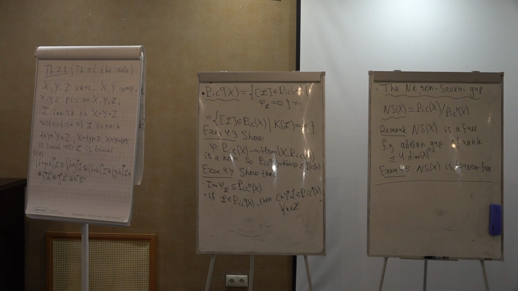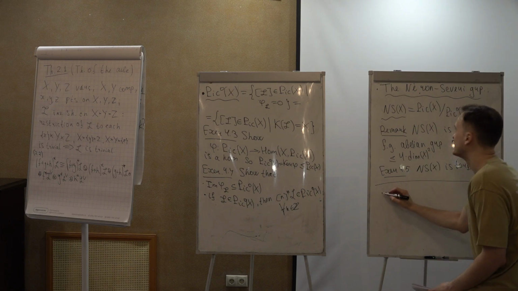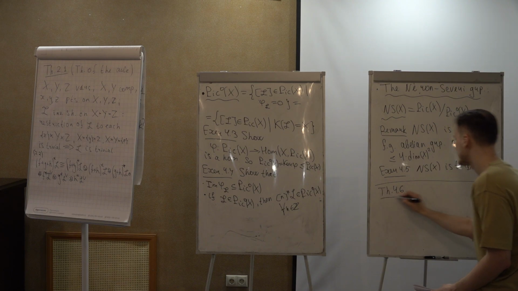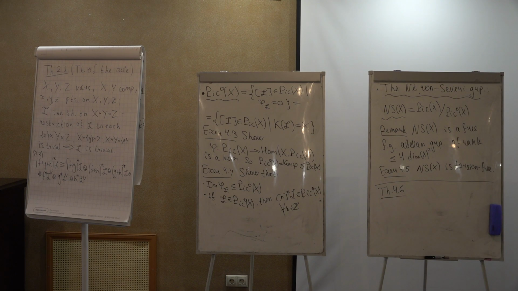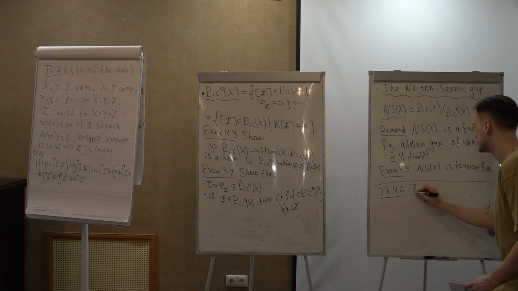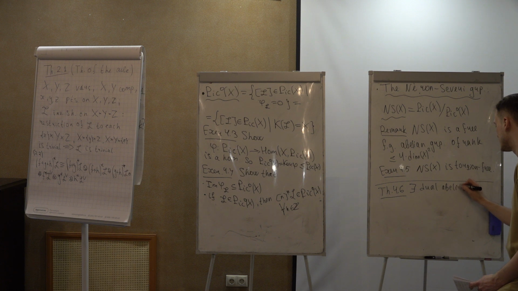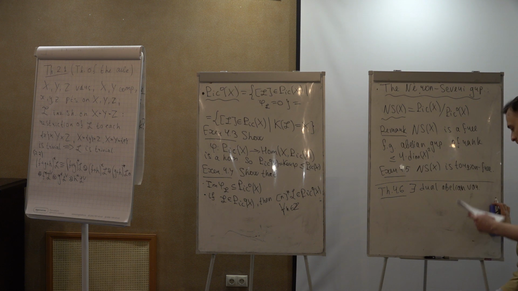Okay, and now we can define this dual abelian variety, not define but construct. Actually, we will not define it, but we will construct it. There exists the so-called dual abelian variety, X hat, I will denote this.